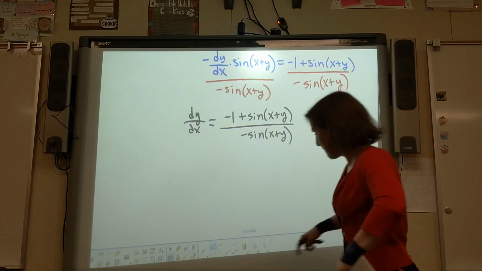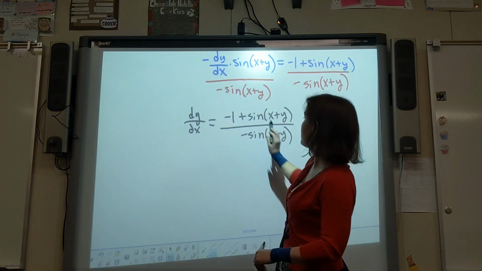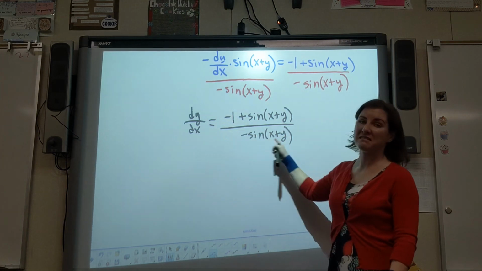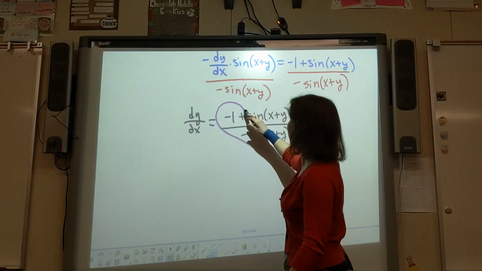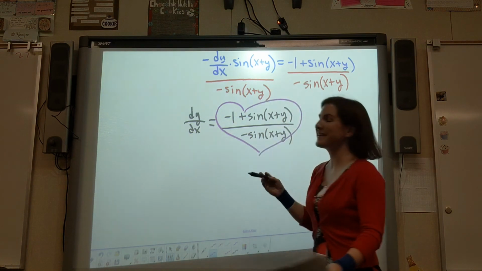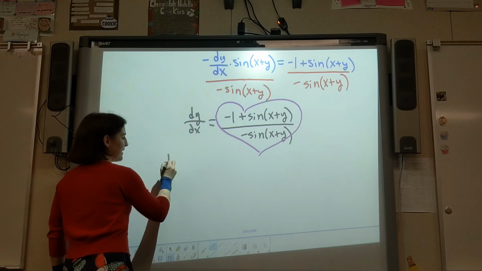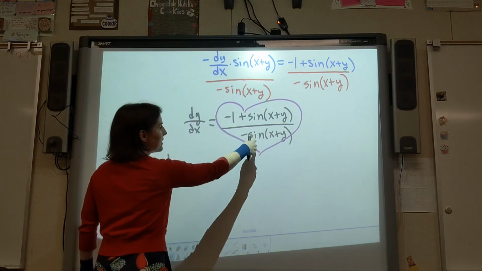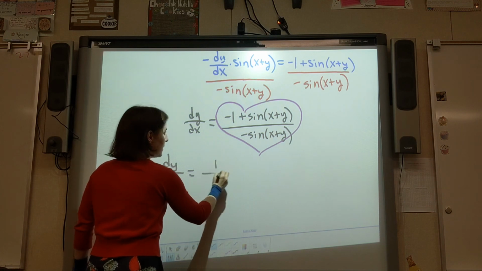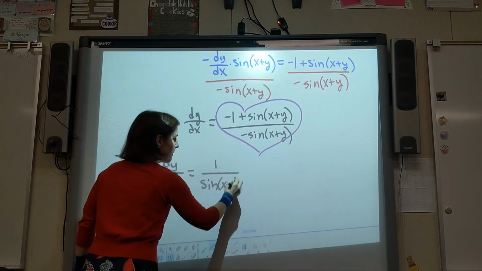Well, let's see if we can simplify it down. We have two things divided by one thing, that is one term. So I'm going to divide that one and divide that one because we love math. Let's see what we get. dy dx equals, we have a negative divided by a negative, which is a positive 1 over sine of x plus y.